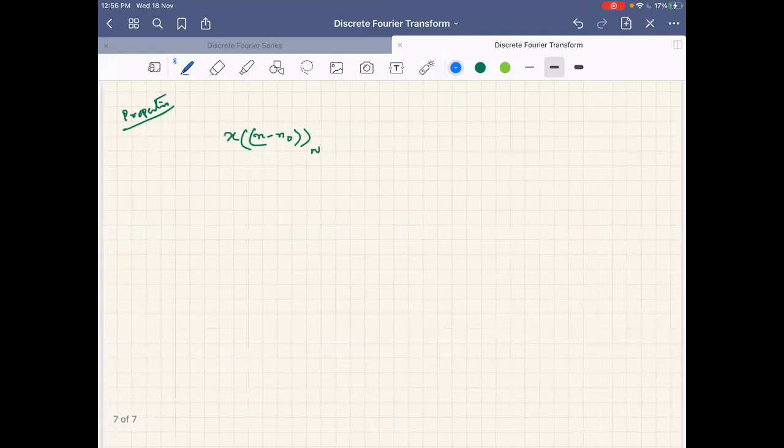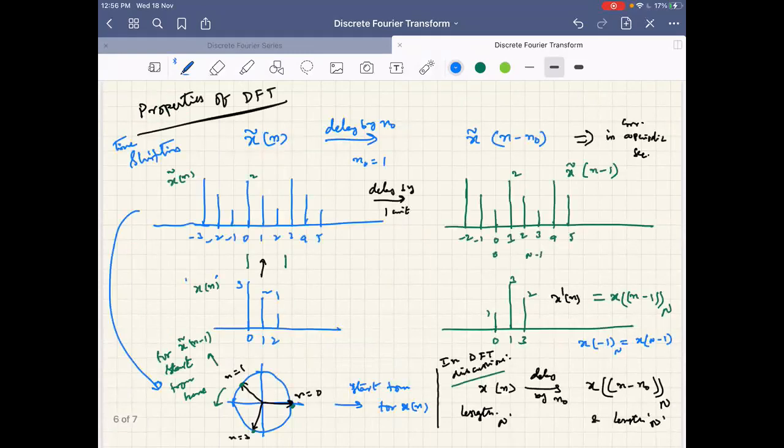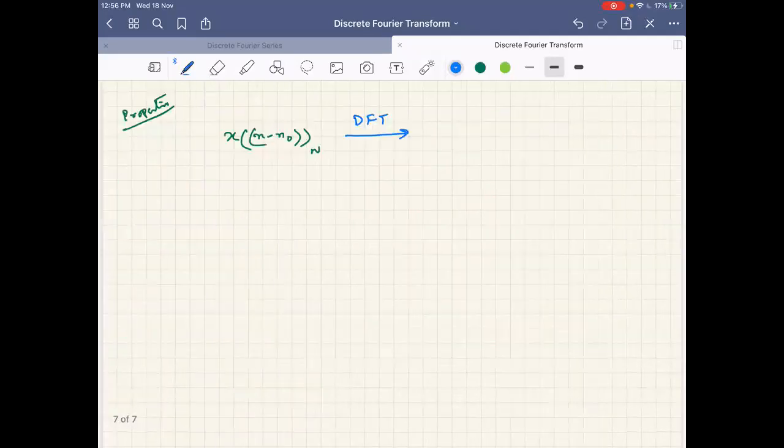Now if we take the DFT, the discrete Fourier transform, what happens? Exactly what happens for the discrete Fourier series will happen here. For the discrete Fourier series, we have written x of n minus n naught gives x tilde of k into e power minus j 2 pi by N into n naught into k.